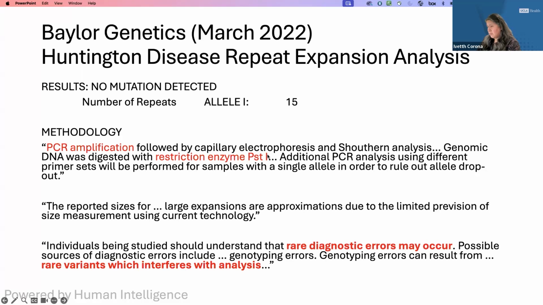The methodology says additional PCR analysis using different primer sets will be performed for samples with a single allele in order to rule out allele dropout. I'm not sure if that was done or if it was only the original set of primers and the restriction enzyme used for this analysis, but this is the report for it.